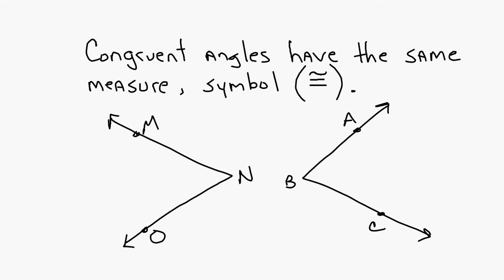If you remember the red tick marks from last week, the little red tick marks on the segments meant that the segments were equal to each other. When you're dealing with angles, this little red mark in the corner, they call them arc marks.